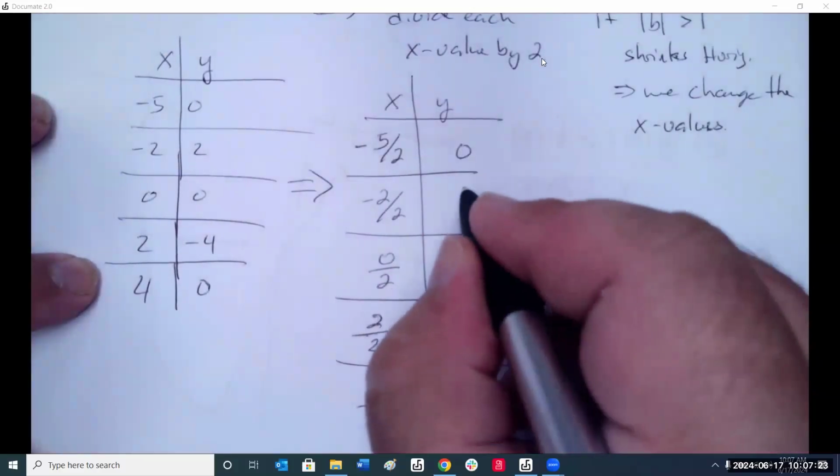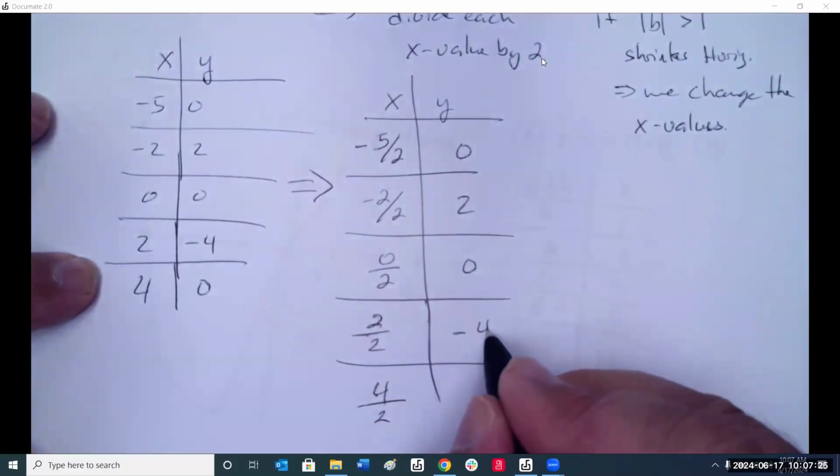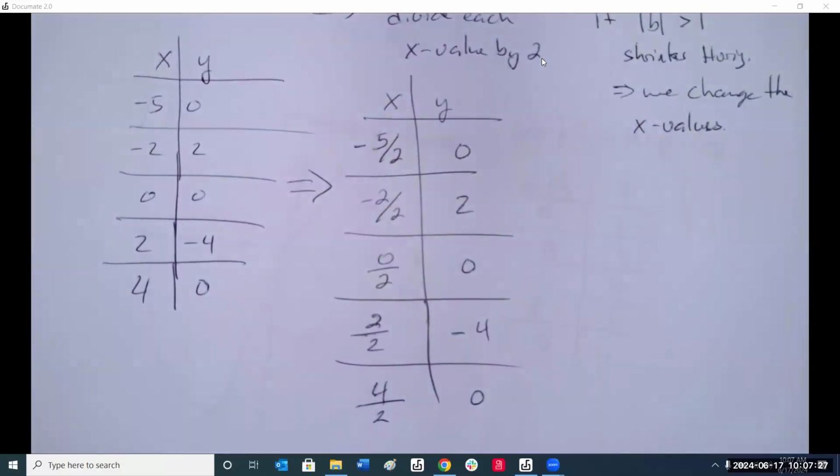The Y values remain the same. So what happened there? It shrunk horizontally. It got skinnier.